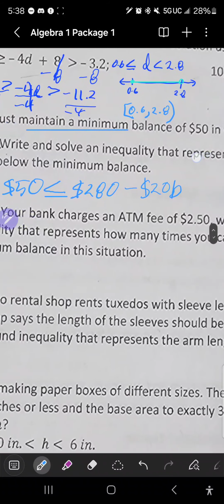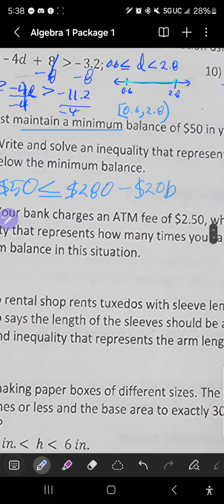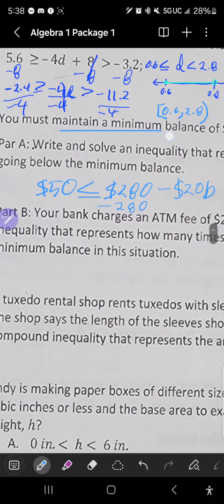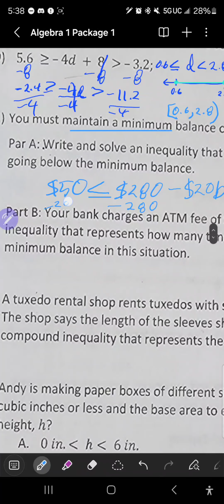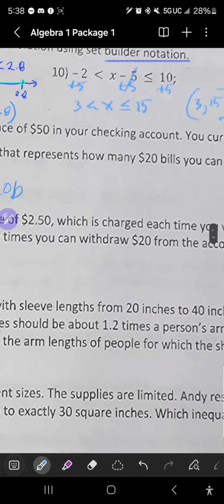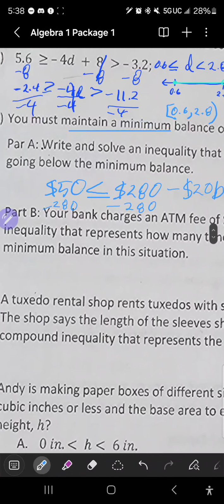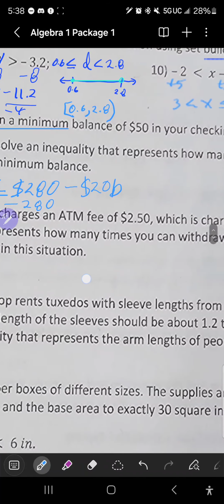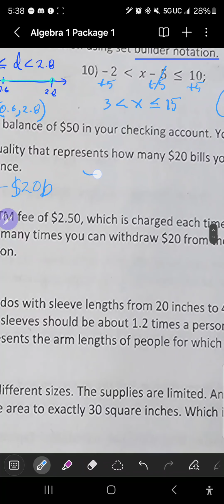So what I will do is subtract 280 from this side and from this side. So I'm going to get $50 minus 280. You see that the 280, the greater number, has a negative sign, so our result needs to be negative.